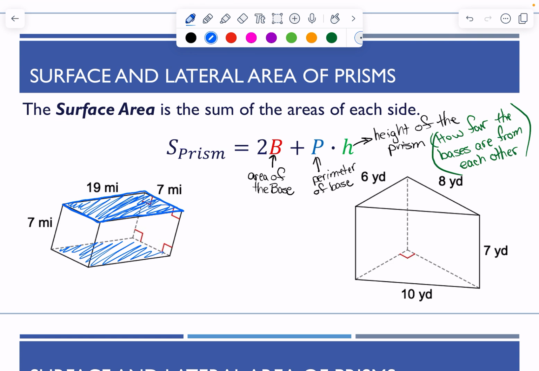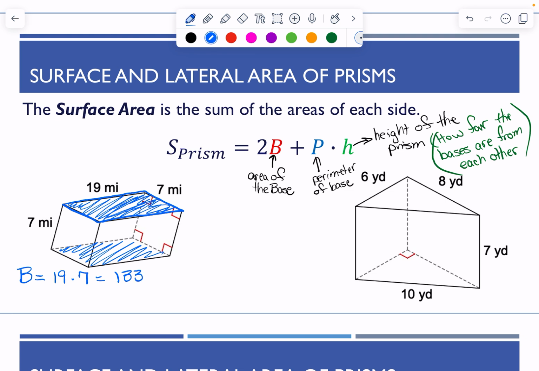The first thing I want to know is the area of that base. Remember, the area of a rectangle is simply base times height, which is 19 times 7. So 19 times 7 gives us 133.